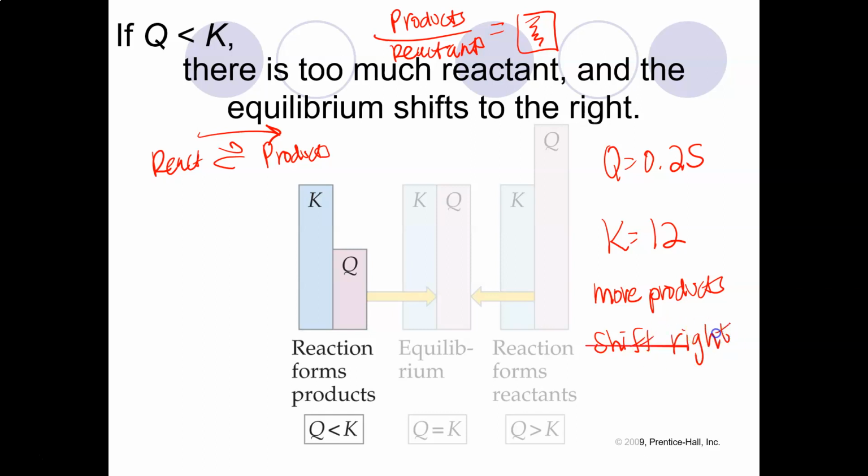It needs to make more things that are on the right-hand side. So if the Q value is smaller than the K value, no, it's not at equilibrium, and it needs to make more products or shift right. For me, I don't memorize if Q's smaller, shift right. If Q's bigger, shift left. It wasn't worth that. I just think of this ratio and which one needs to get bigger in order to make the Q become the K.